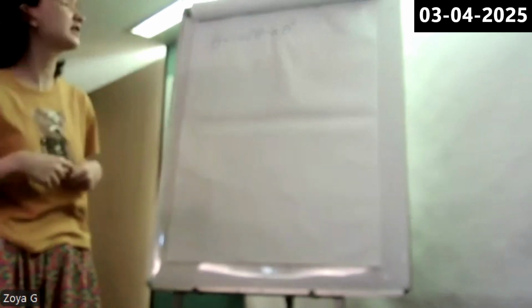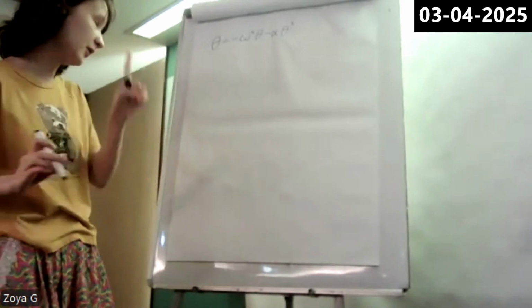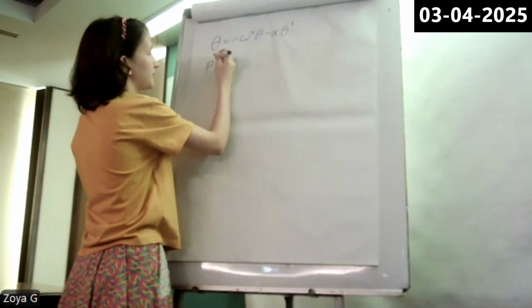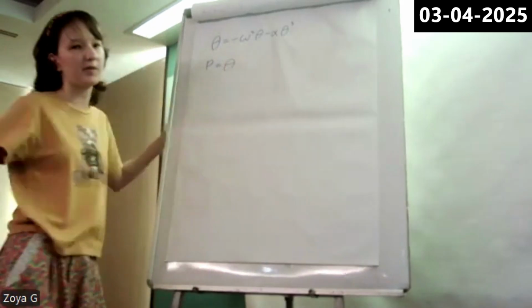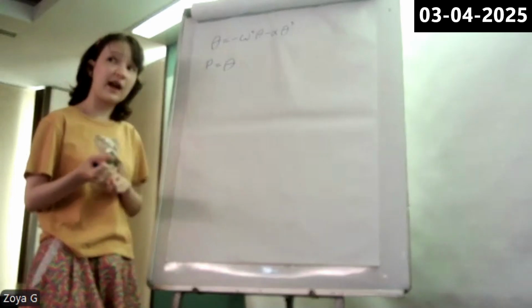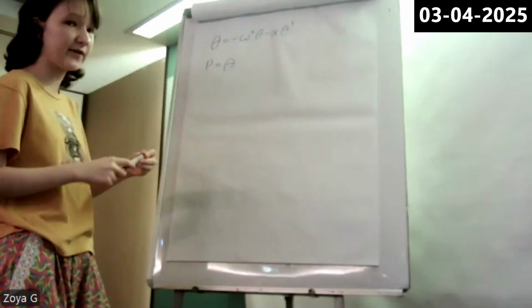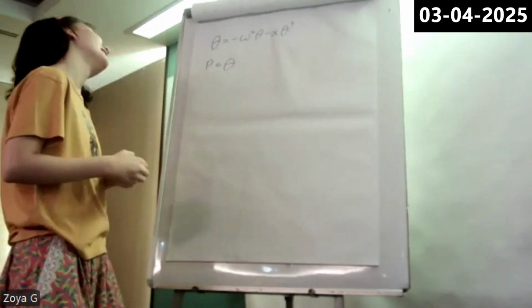So what do we do with that? Well, one way that we could go about this is we could simply choose p dot is equal to theta double dot. We're completely free to do that as long as we then follow a procedure to arrive at the Hamiltonian that is actually going to be Hamiltonian.